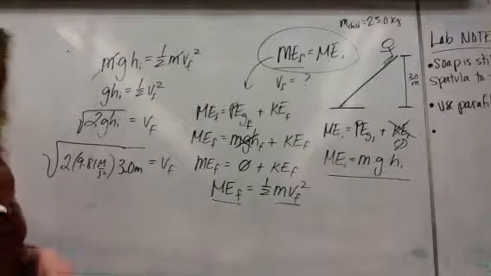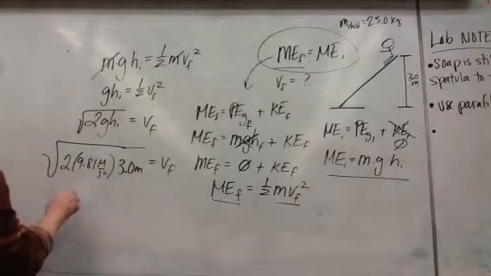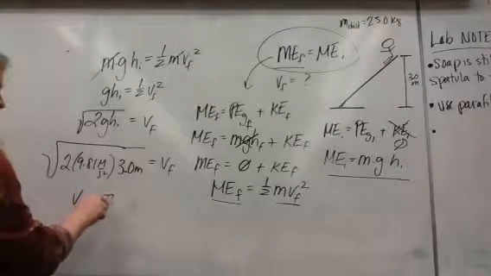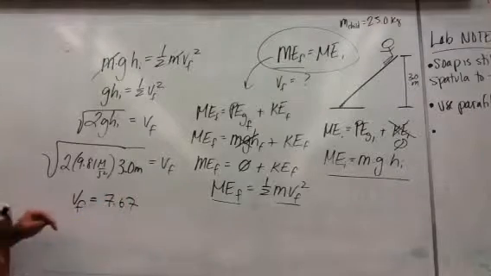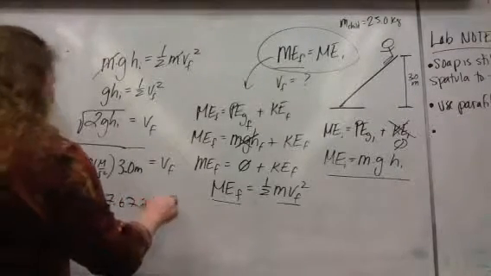All right, so what do you get? 7.672. Yep, 7 point 672.